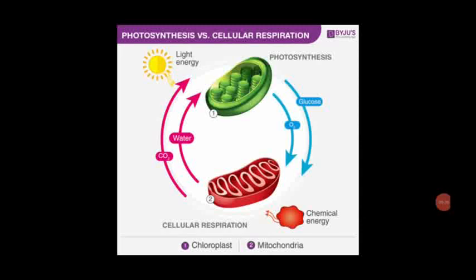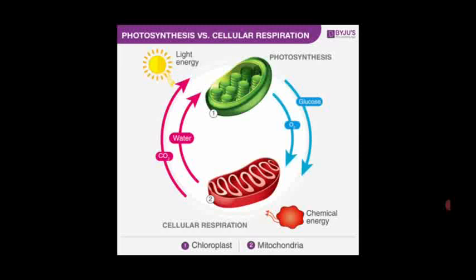Dear students, these are the two important processes which take place in plants: photosynthesis, and the other one, cellular respiration. Cellular respiration takes place in the mitochondria, storing a large amount of energy.